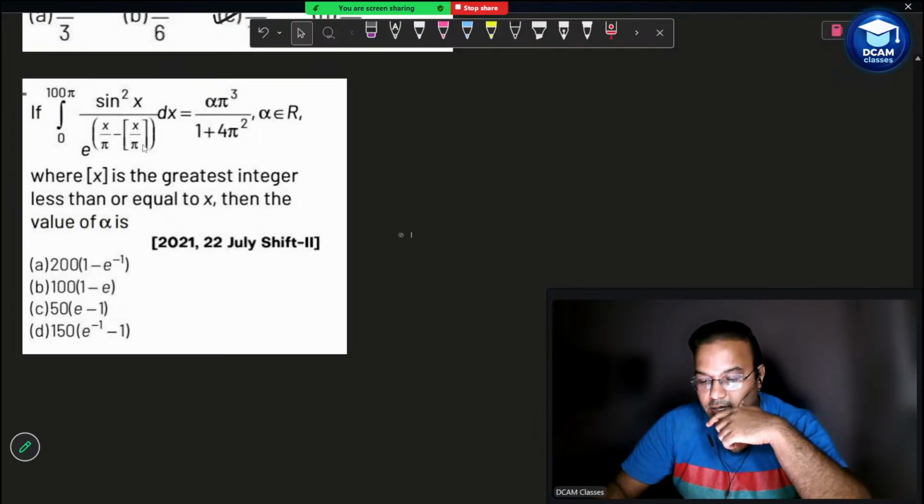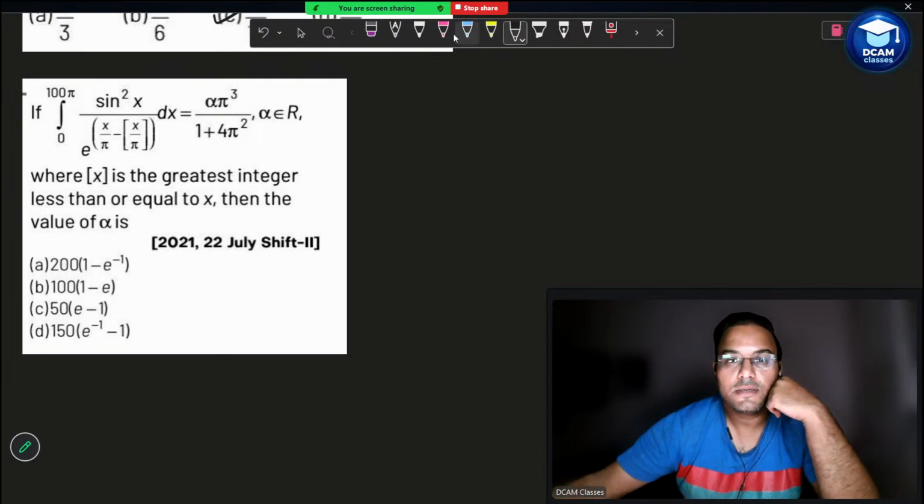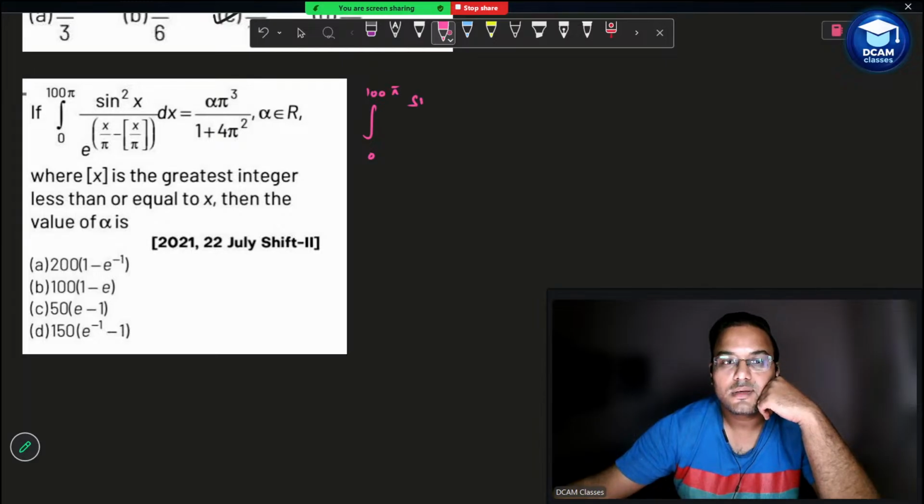Actually, it is a fractional part function. Yes. It would become integral from 0 to 100 pi of sine square x divided by e power fractional part x.